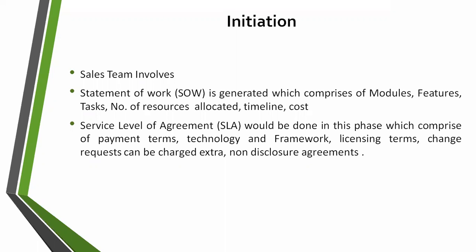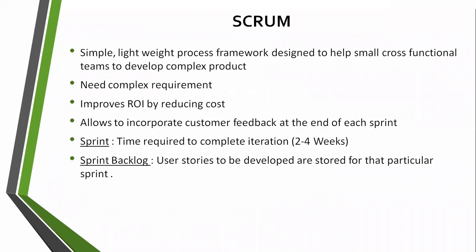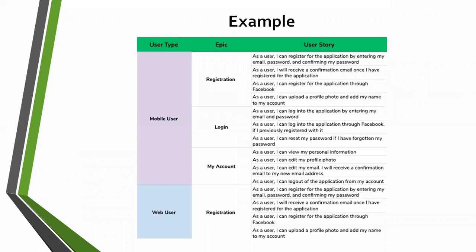Ravi, please feel free to ask if you have any doubts. I don't mind. Can you give an example of features in real time, like what you do? Okay, so you want the feature in real time, right? One minute. Let's stay on this screen. Let me go through it one more time. The user type here is mobile user, epic is registration, login, my account, registration account, web user.